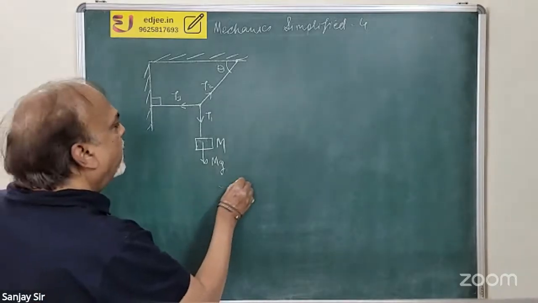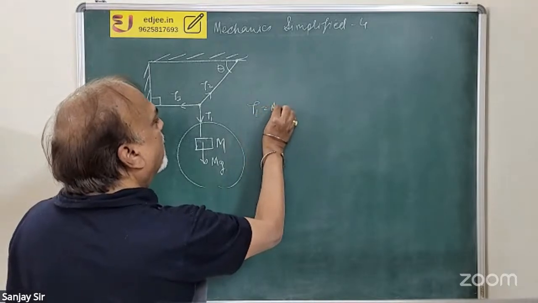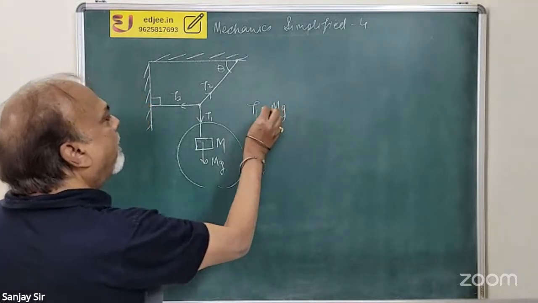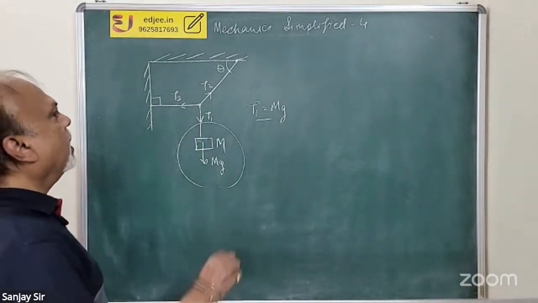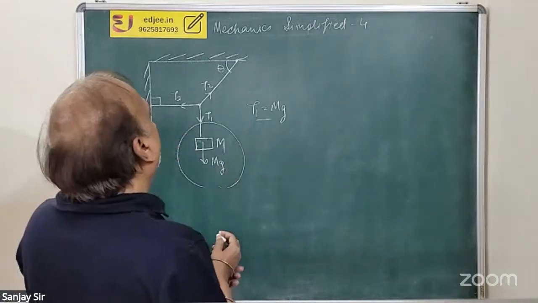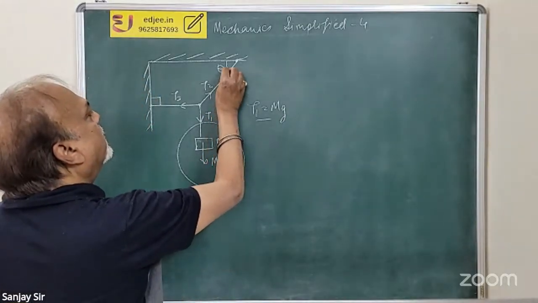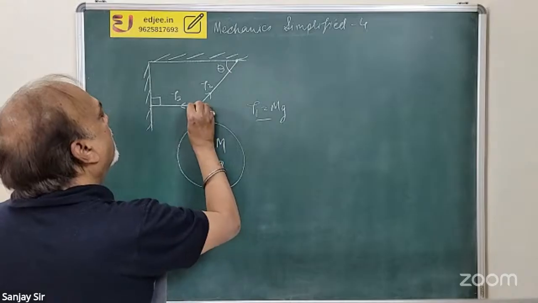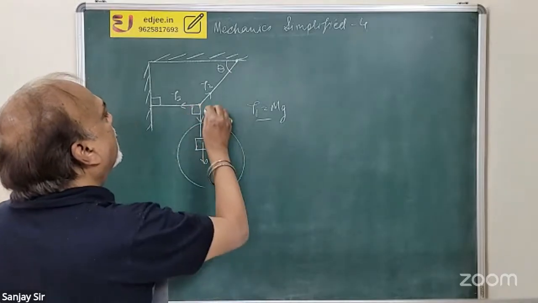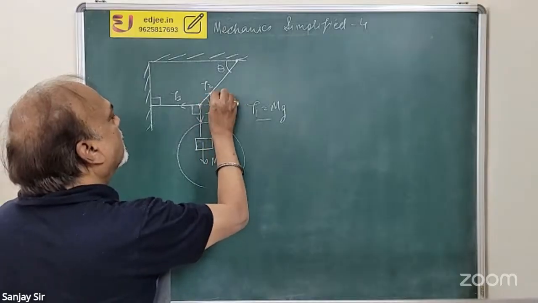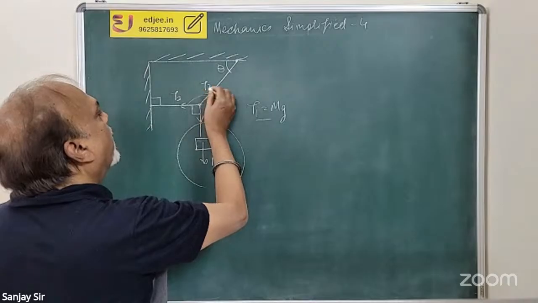If you make the free body diagram of this, then T1 is nothing but mg. Now you know T1. Now you have to just find out what these angles are. That is all. This is theta. This is 90 degrees. Then, of course, this is theta, the 90 plus theta, and this is 180 minus theta.